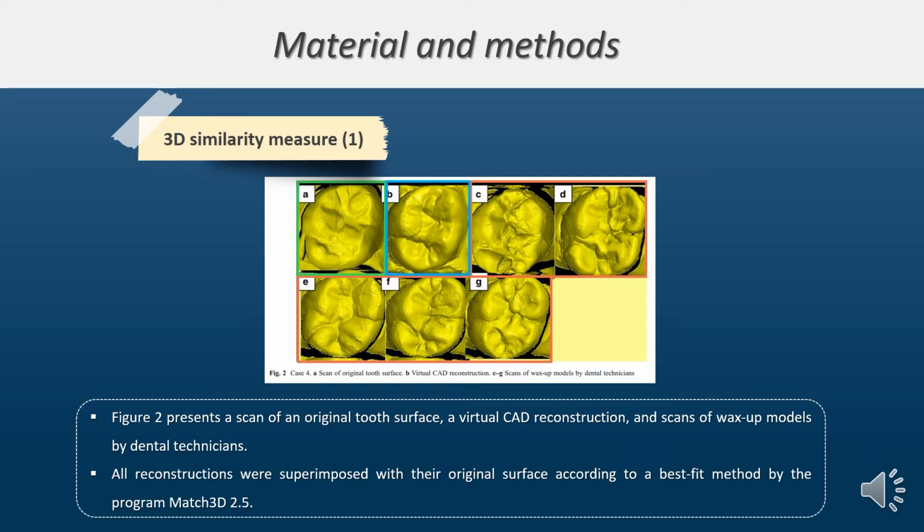As we can see in the figure, it is obvious that the reconstructions clearly differ from each other even at first sight. For 3D similarity measurements, all reconstructions were superimposed with their original surface according to the best fit method by the program Match 3D 2.5.